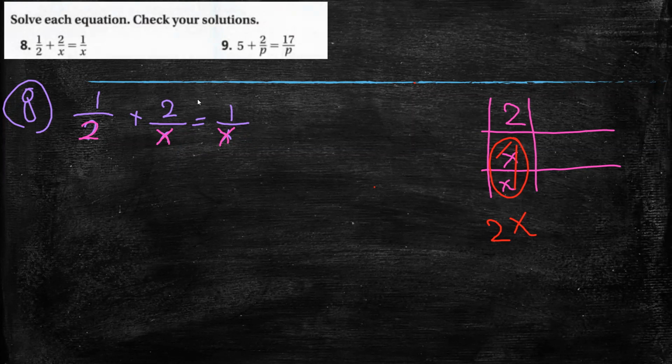Then you have to multiply 2x by each term: 1/2, 2/x, and 1/x.